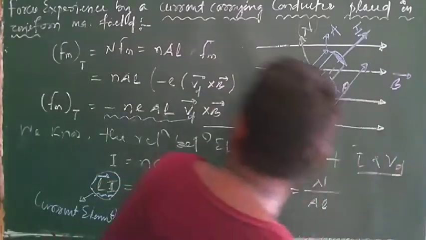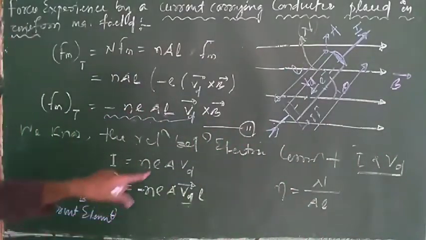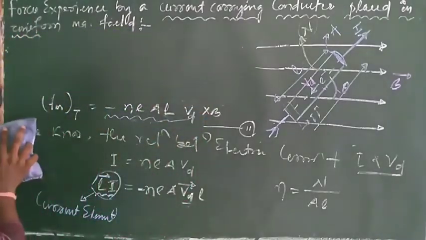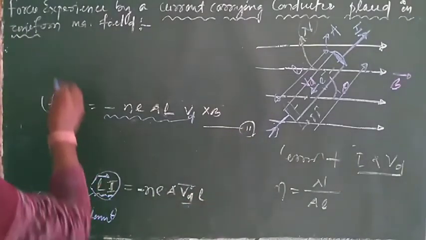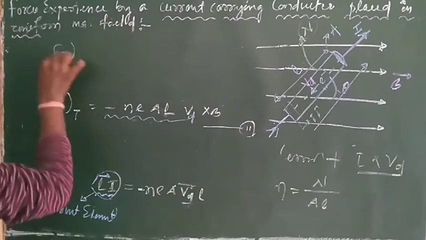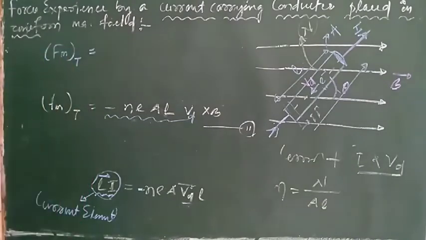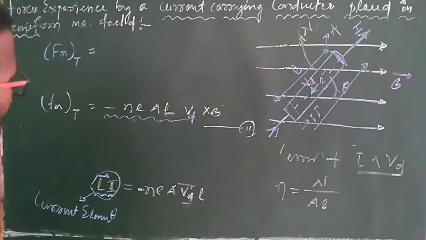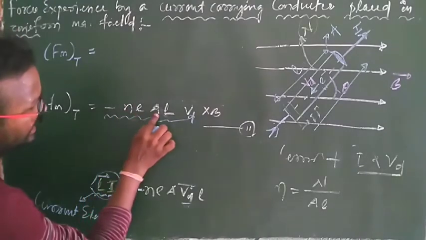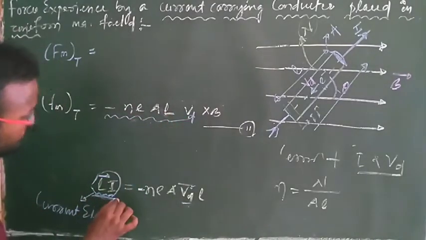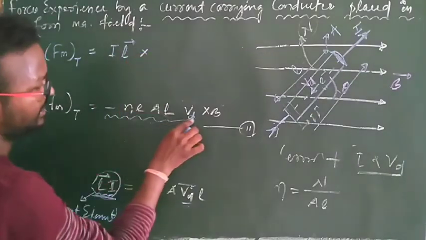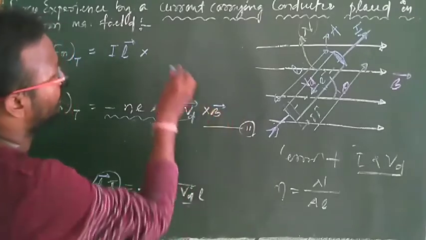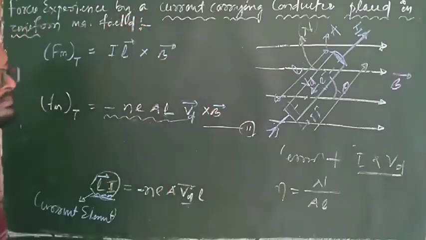So if we use this relation in equation 2, then equation 2 turns out to be, what will be equation number 2? That is the net force experienced by the current carrying conductor, that is minus nEAVd, which we can replace by I into L, vector cross B vector.